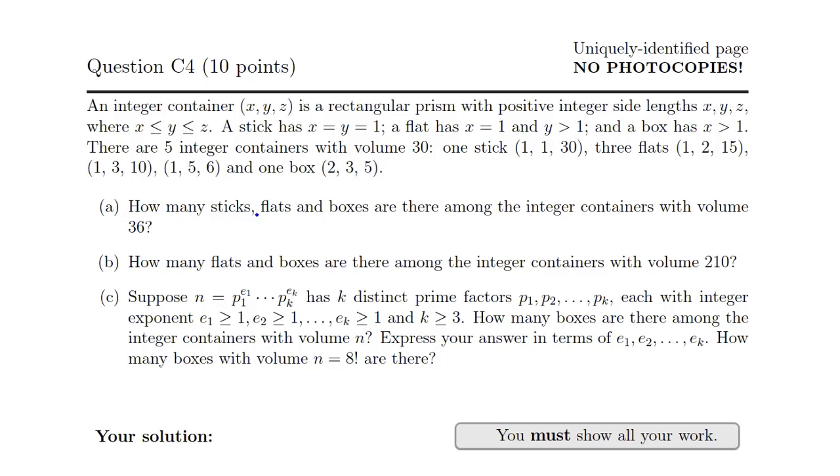Part A. How many sticks, flats, and boxes are there among the integer containers with volume 36? So it is a casework problem, and let me write idea 1: casework problems. For this casework idea, one homework is AMC 2022.